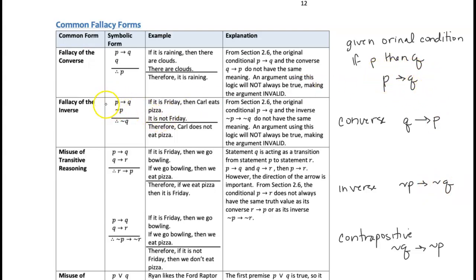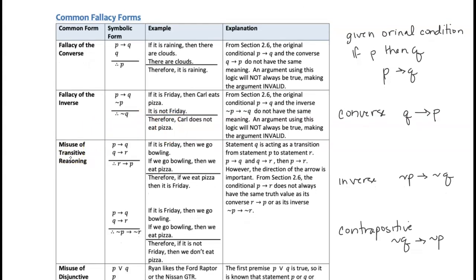When you're given a premise of if P then Q, knowing the negation P does not imply the conclusion negation Q. For example, if it is Friday, then Carl eats pizza. If we know as a second given statement, premise, that it is not Friday, that does not imply the conclusion that Carl does not eat pizza. As an example, Carl could eat pizza every day of the week. Just because it's not Friday doesn't imply that Carl's not eating pizza.